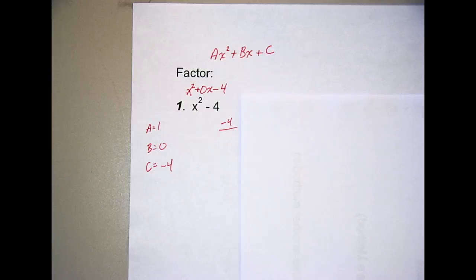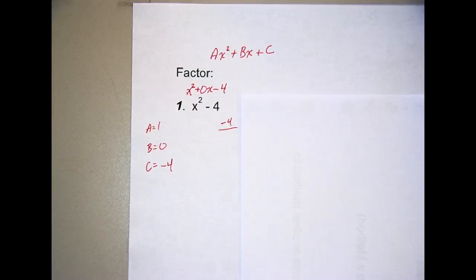Okay, so Jake, if I have 1 and I want to get to 0, what do I have to add to it? So if you're at 1, and you want to get to 0, what would you have to add? Negative 1.